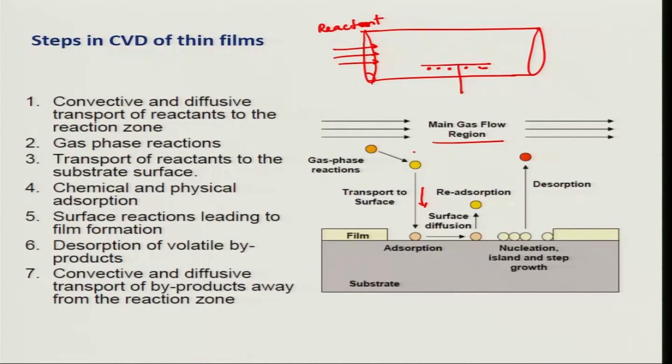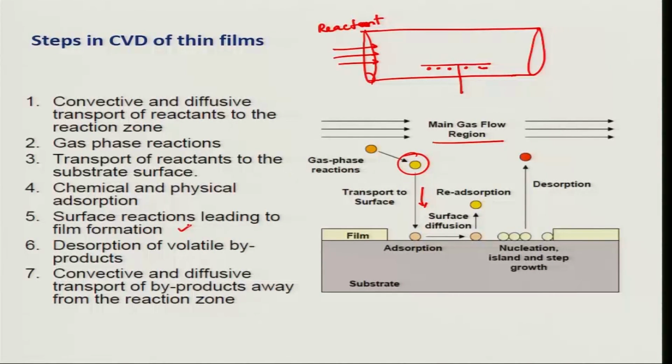There might be some gas phase reactions, which are also important. Transport of reactants to the substrate surface is through diffusion. Then chemical and physical absorption. These atoms or molecules from the gas phase will be either chemically absorbed or physically absorbed onto the surface.